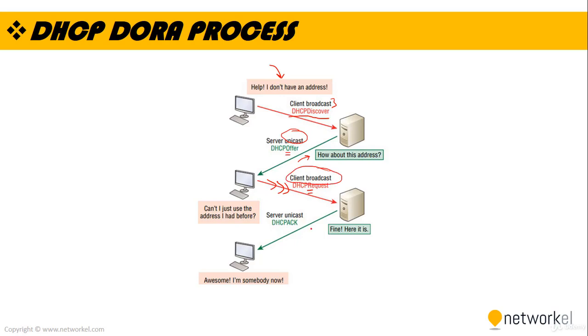Then the last step is the acknowledgement, and the server responds back with an acknowledgement message, saying, fine, here it is. I'm assigning the IP that you want from me. And the client says, awesome, I'm somebody now.